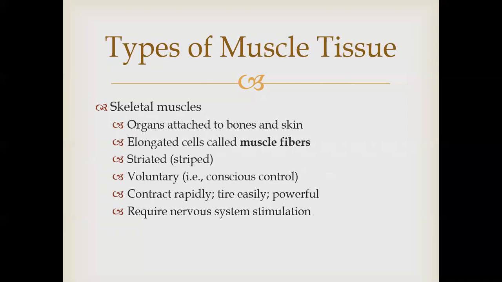The contraction is regulated voluntarily. They contract rapidly, tire easily, but then provide a powerful force or movement. Underneath function, you can also list that it requires the nervous system to stimulate it.